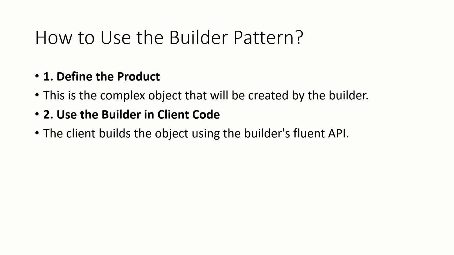Those things you have to define, and then you have to create a builder inner class, and with the help of that you can create the setters inside it, and then create the object using those inner classes. We'll discuss how you can do that, and then later on you can use this in the client code.